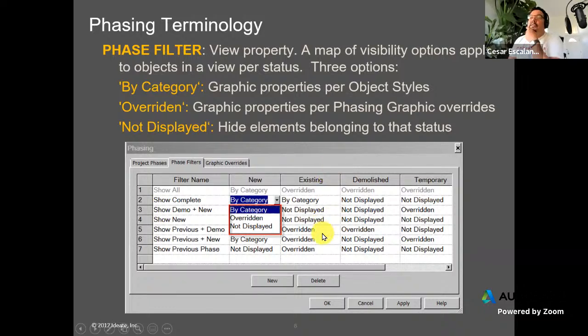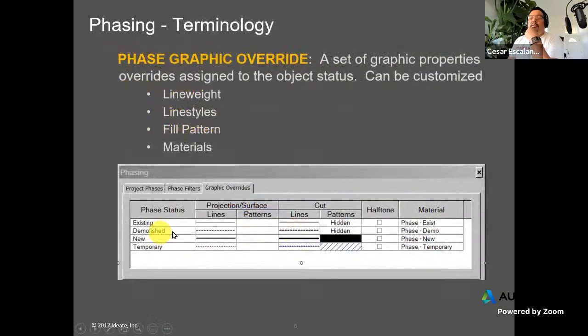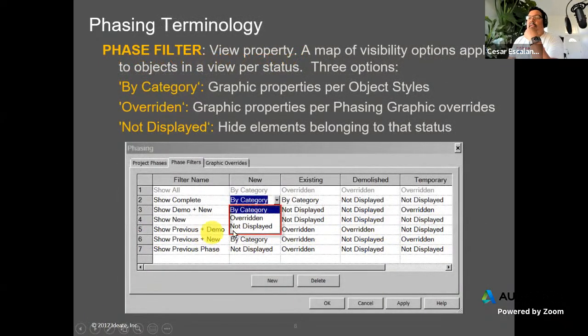Existing objects display in grayscale, so you override them. Demolished objects, the objects that disappear in the active phase, are overridden by the object style, so they show as a dash line. Temporary objects are not displayed. That's how we create a demolition plan in the context of phasing.